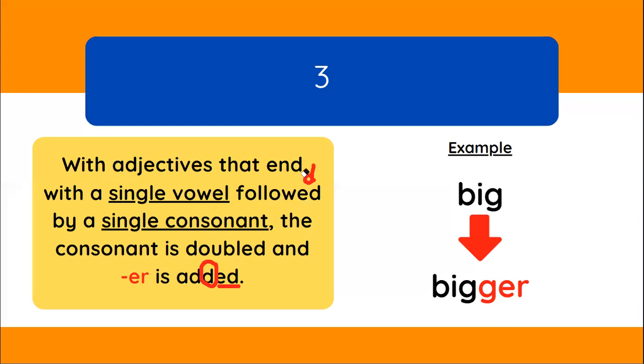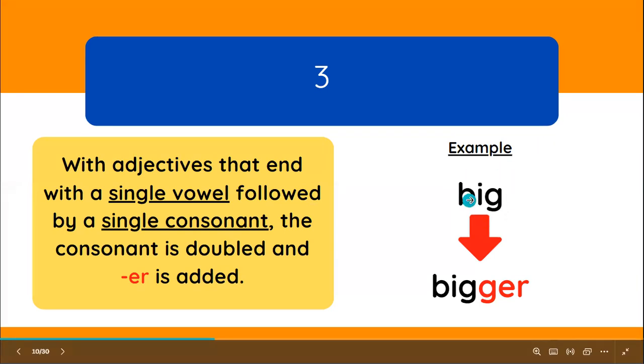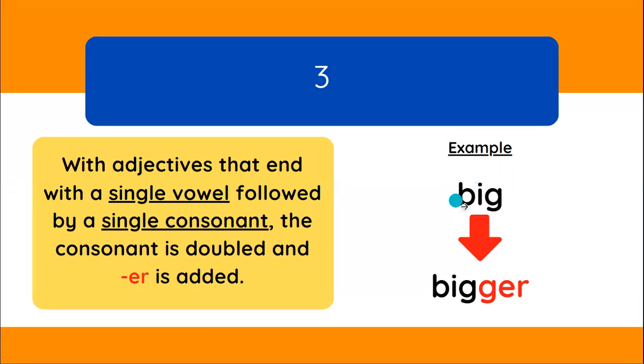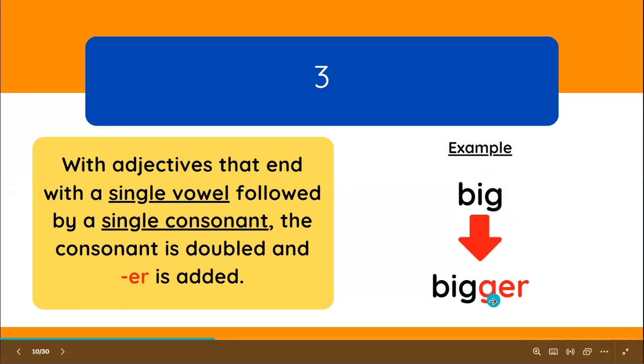Are you following me? Okay, good. All right, so we have the example here: consonant, vowel, and consonant. The rule says that we have to double the consonant and add ER.